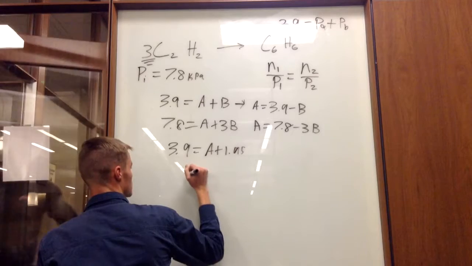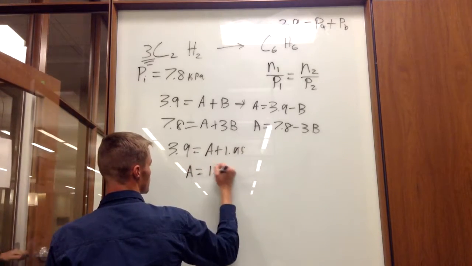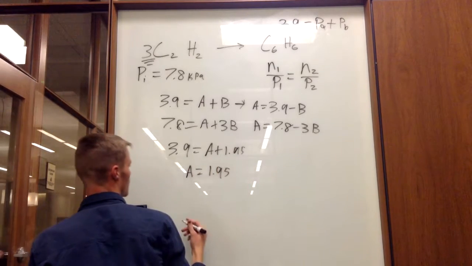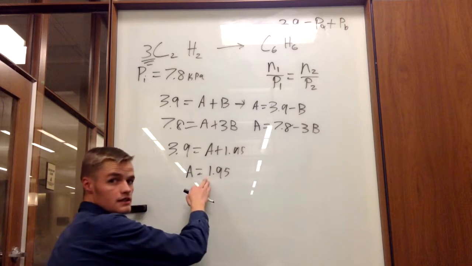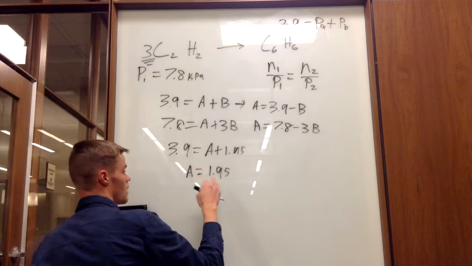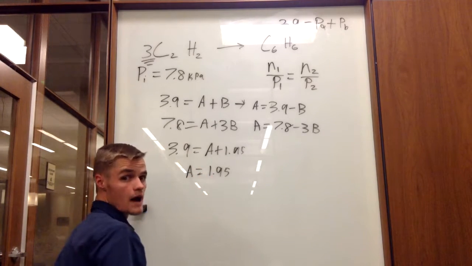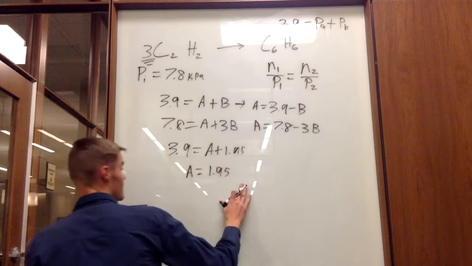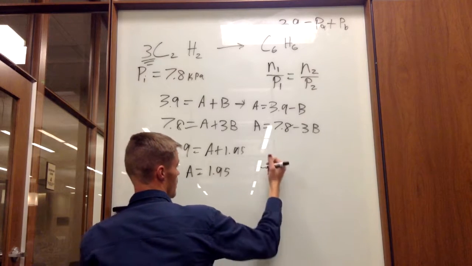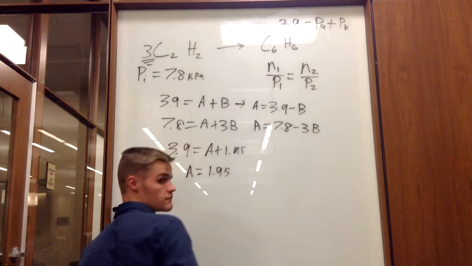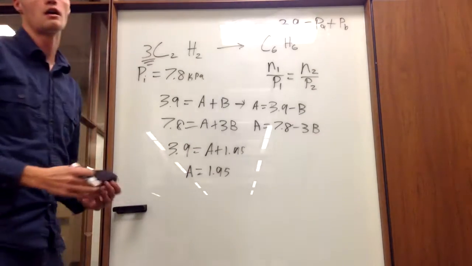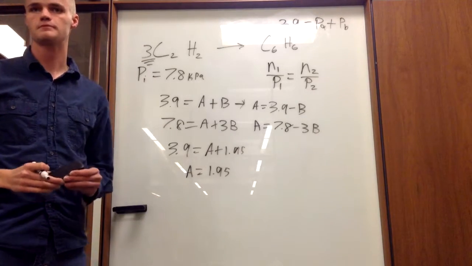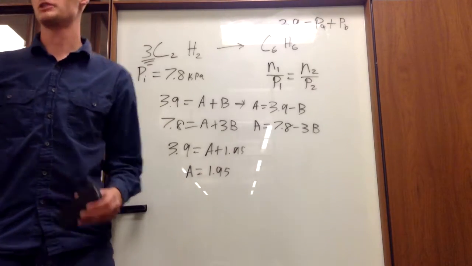Subtract it over, you get that A is also equal to 1.95. So that's how much acetylene is left over from the original amount. And then that will allow us to find the pressures. So I will give it back to Josh.